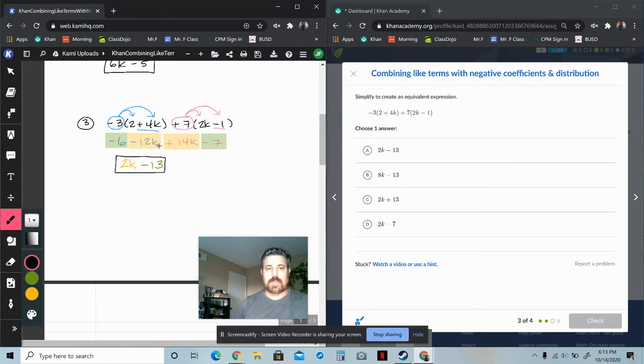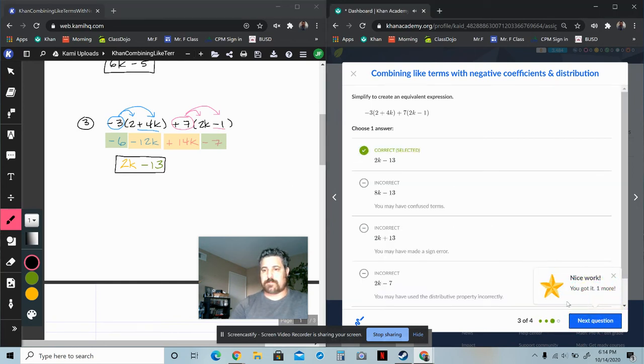That's identical, right? It's just that I don't have to rewrite it changing my subtraction to addition, because I know that if it has one sign in front on the left of each term, then that's the direction it's going, and it's all being added together. All right, so I get 2k minus 13 is my answer. Go over here, 2k minus 13, and I'm good to go.